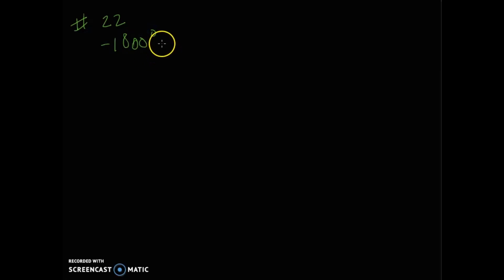So if we want to change that to radians, multiply by, need to cancel the degrees, so the pi goes in the numerator, 180 goes in the denominator, the degrees cancel.